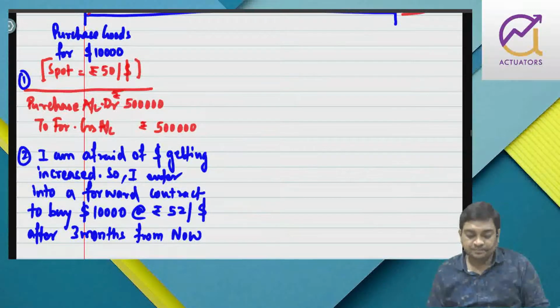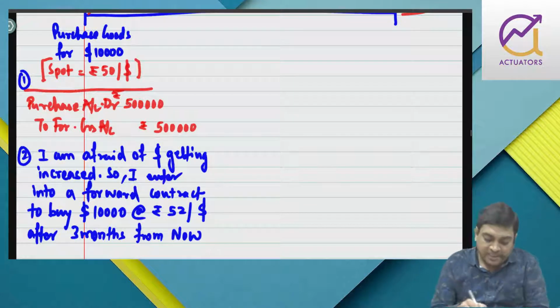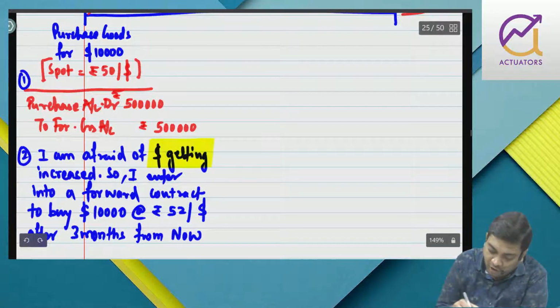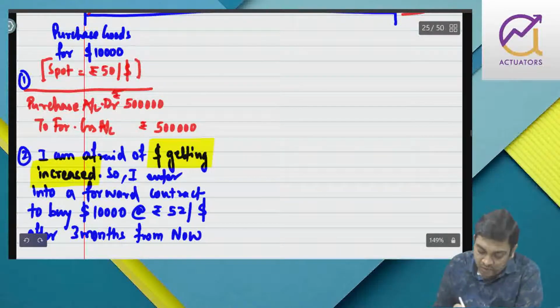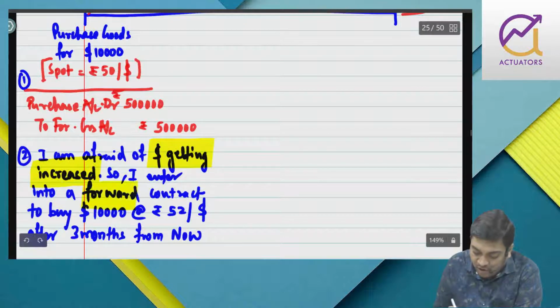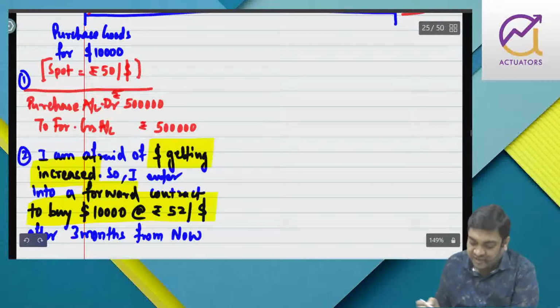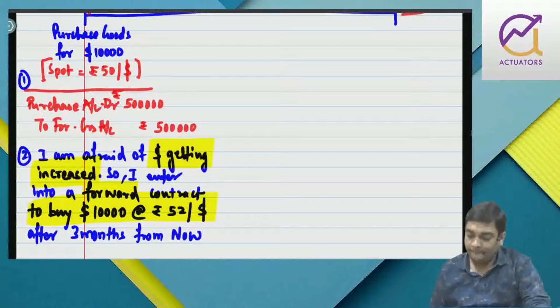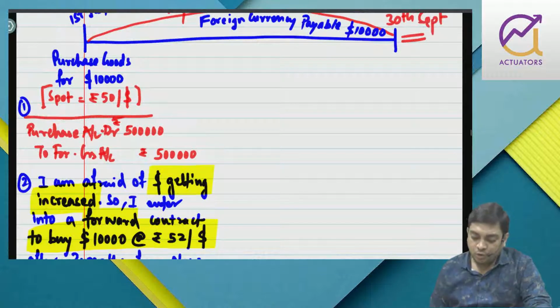Right? So basically what I have done, since I am afraid of the dollar increasing, is enter into a forward contract to buy at 52 per dollar. Okay? Today I have entered.